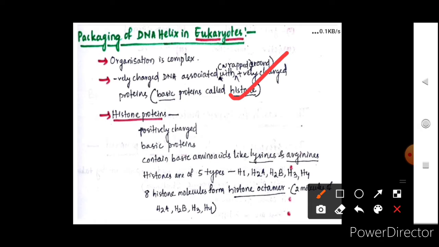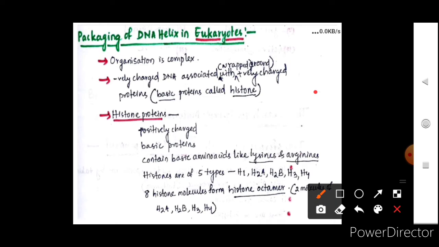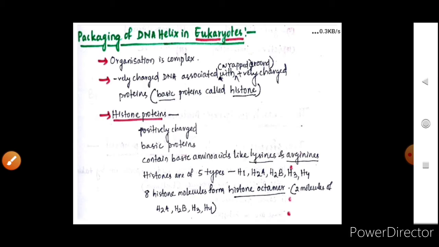These proteins are positively charged, and are called basic proteins because they contain a large amount of basic amino acids, that is lysine and arginine. Histones are of 5 types, that is H1, H2A, H2B, H3 and H4. Now 8 histone molecules are associated and they form a histone octamer. 2 molecules each of H2A, H2B, H3 and H4 are there, so the total becomes 8.